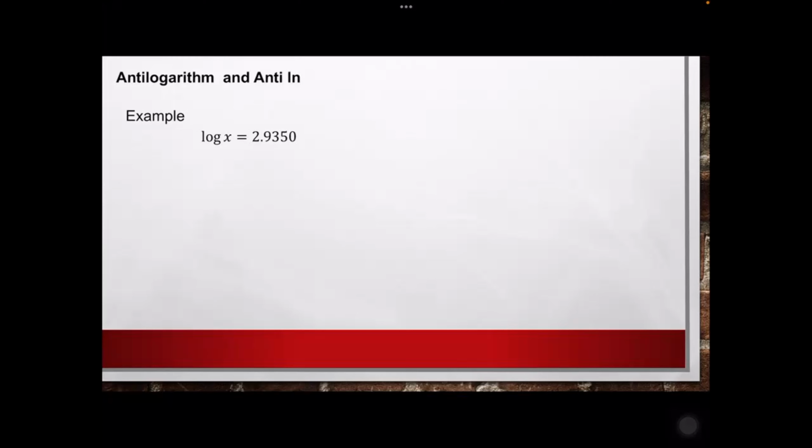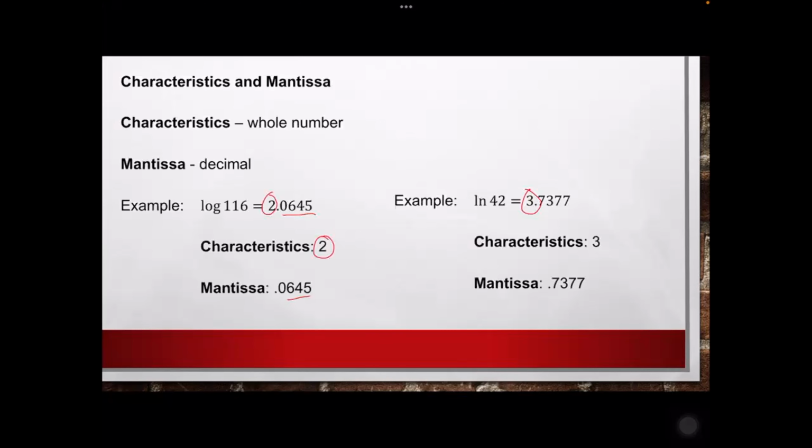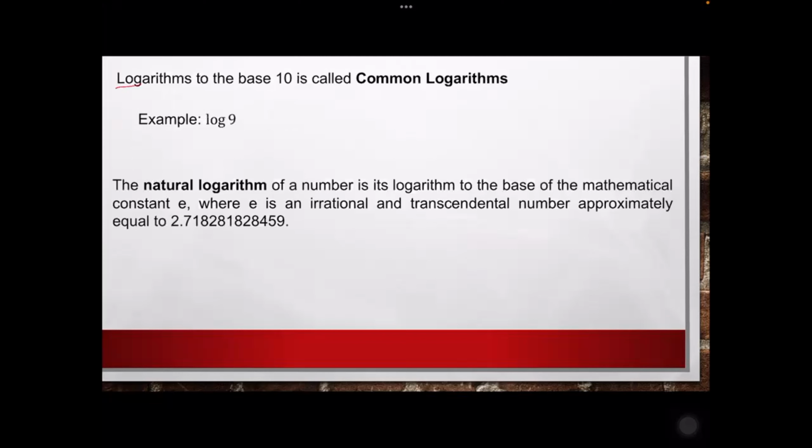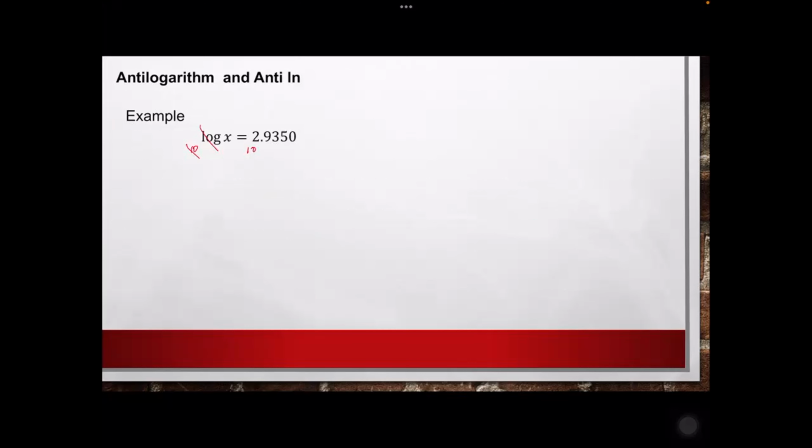To find the value of x here, we raise both sides to 10. Since it is raised to 10, these cancel, because if we go back, our log is in the base 10. So, it cancels when we raise it to 10.